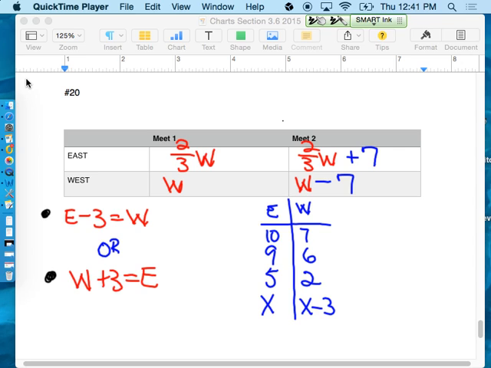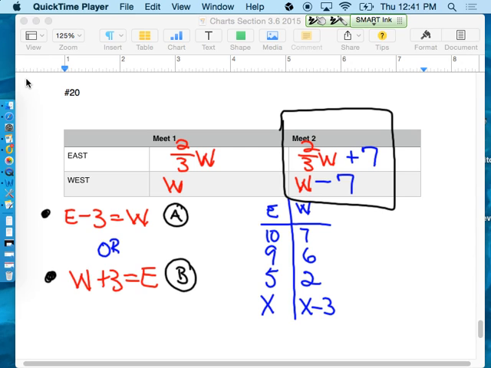But then you take your algebraic expressions from your meet number 2 column and you make substitutions, and you can go, I'll call this A, you can go into equation A or equation B. Both alternatives are correct, but I think that the challenge in this problem is seeing the setup for either equation A or equation B. And I like my scratch paper thinking here because it's very straightforward and it's simple for me to see the 3-point difference.